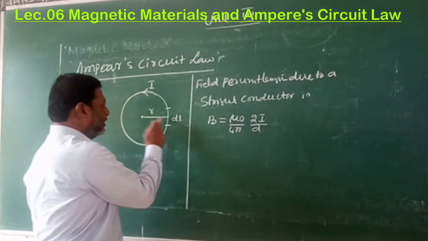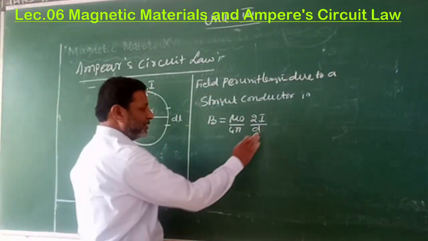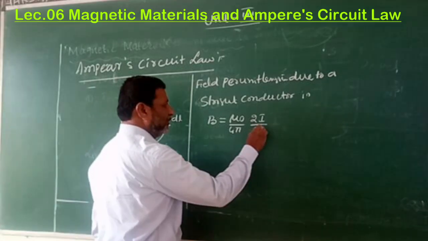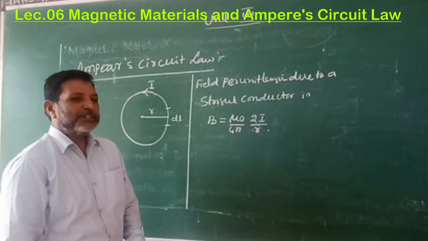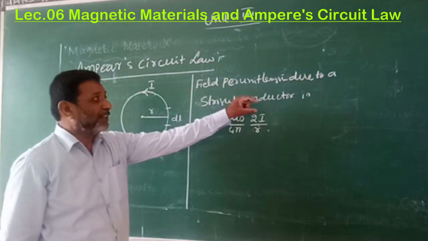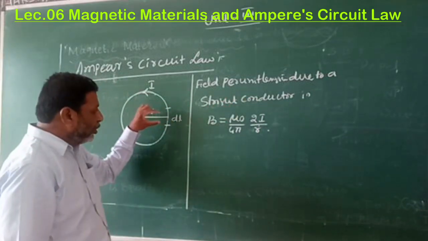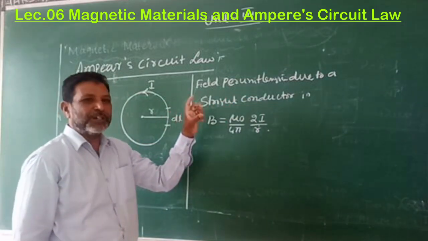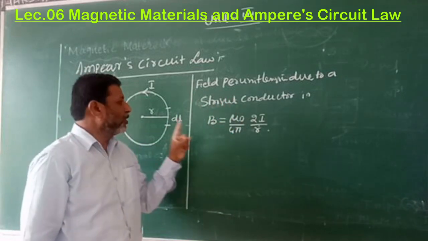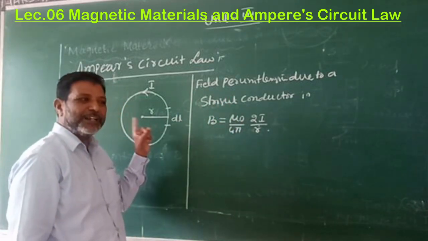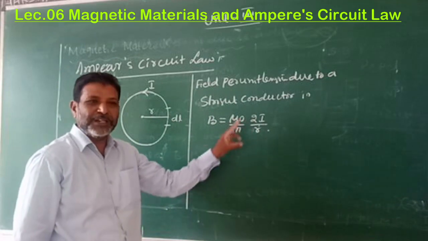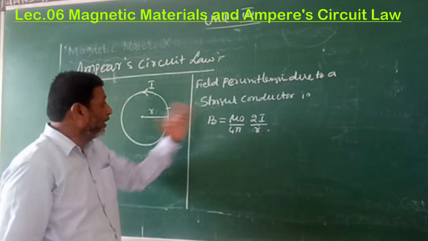But this distance is nothing but the radius. Therefore, that is the field per unit length. That is, for a unit length of this conductor, how much magnetic field it produces at a certain distance. Now you are applying this.